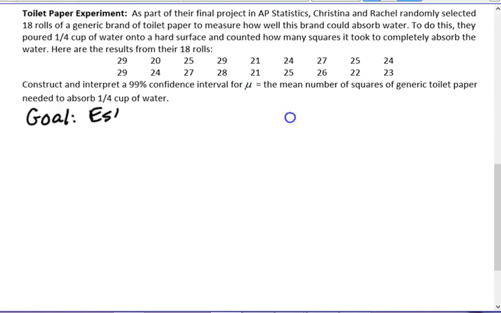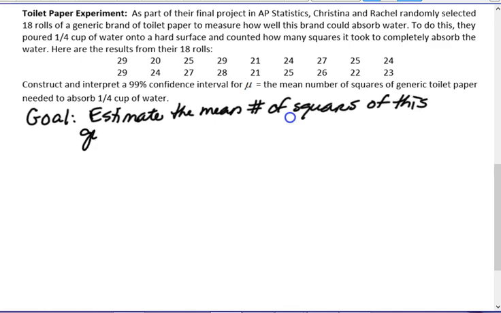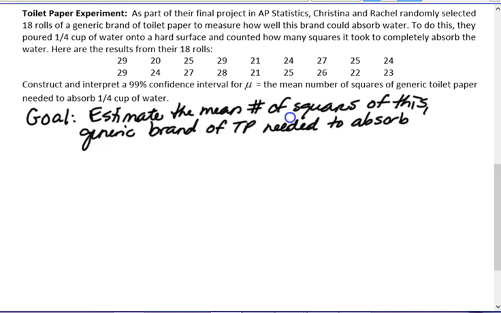We want to estimate the mean number of squares of this generic brand of toilet paper needed to absorb 1/4 cup water. Okay, so that's what we're trying to find out, and this would be the mean for the entire population.